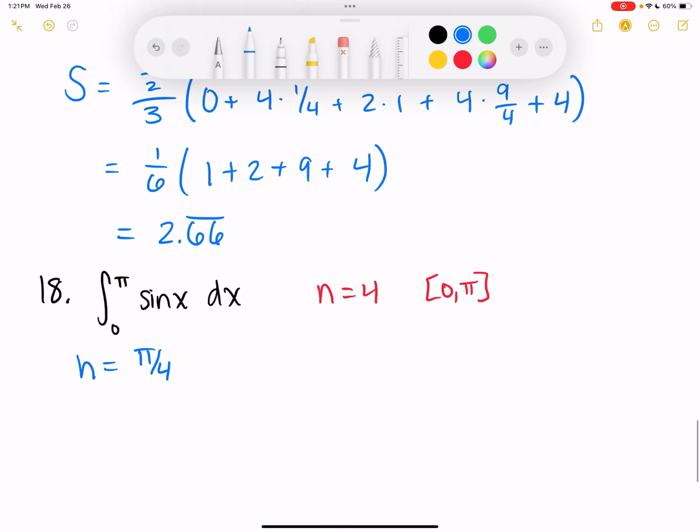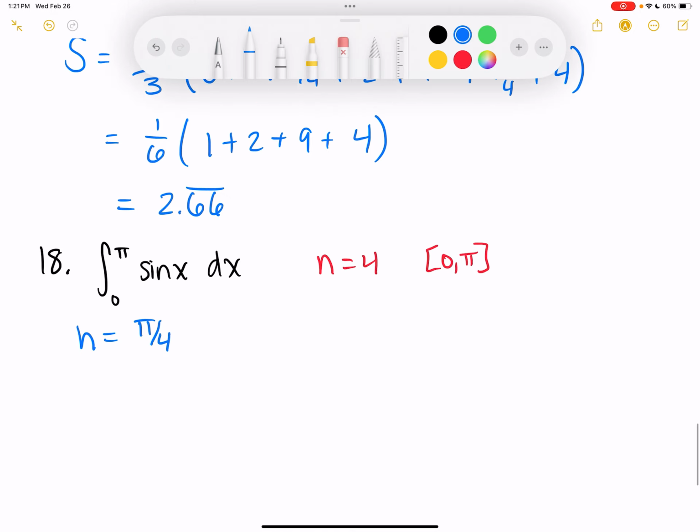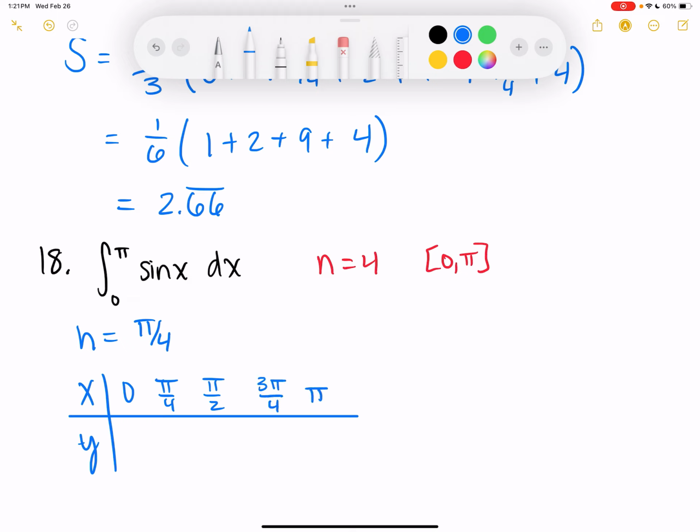So looking at my table, increments of pi over 4, we would be 0, then pi over 4, then pi over 2, then 3 pi over 4, and then pi. So this is another time when your unit circle would come in handy. So the sine of 0 is what? 0.